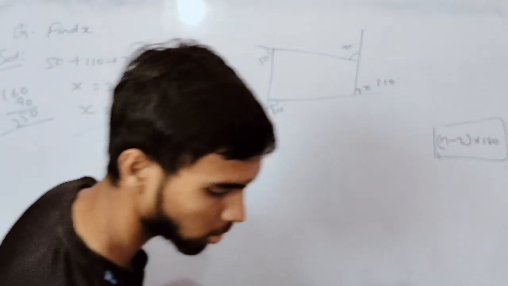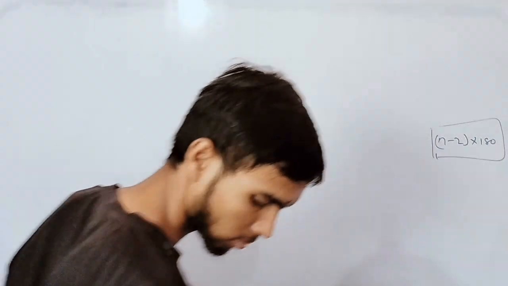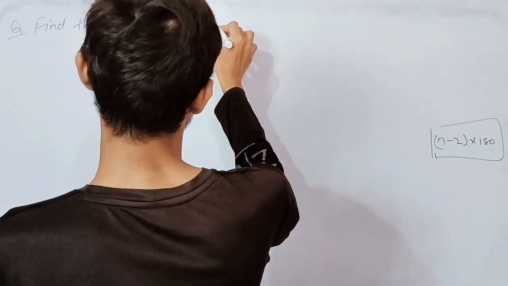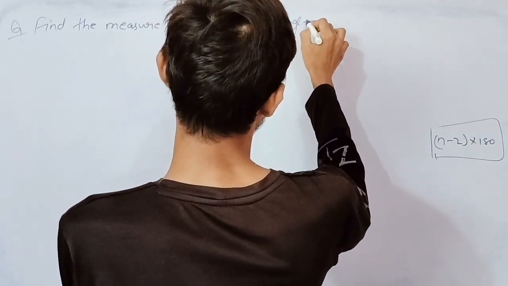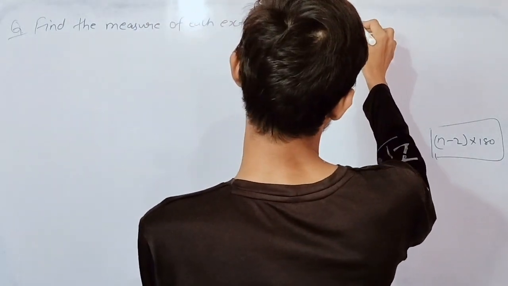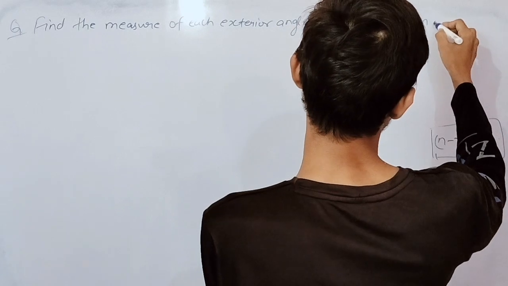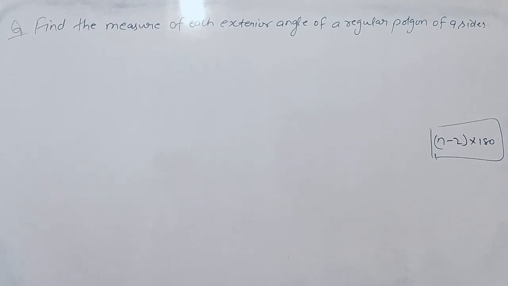Now next question. A regular polygon means the sides are equal.